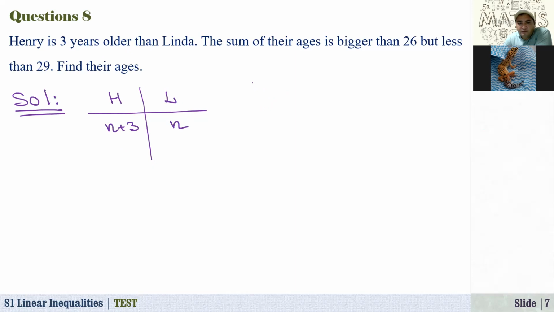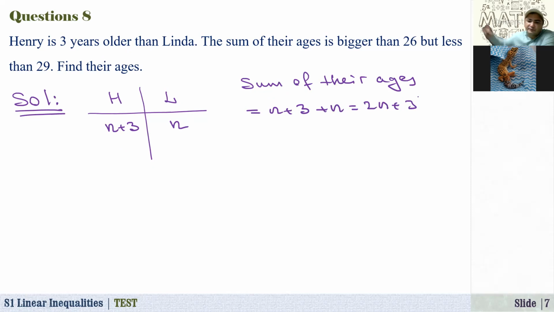That means the sum of their ages is equal to n plus 3 plus n, that's equal to 2n plus 3. So this 2n plus 3 is greater than 26 and less than 29.